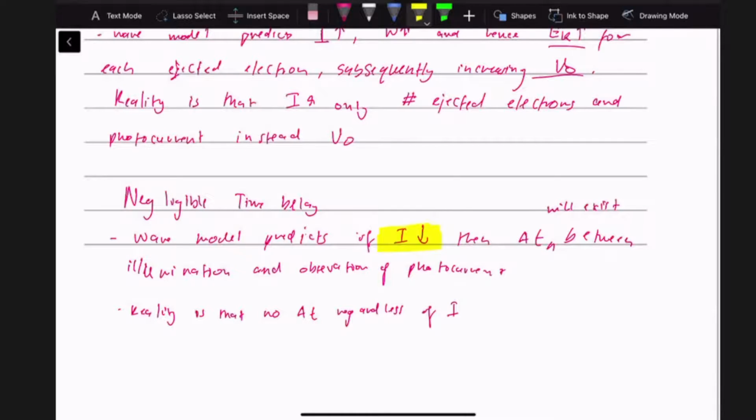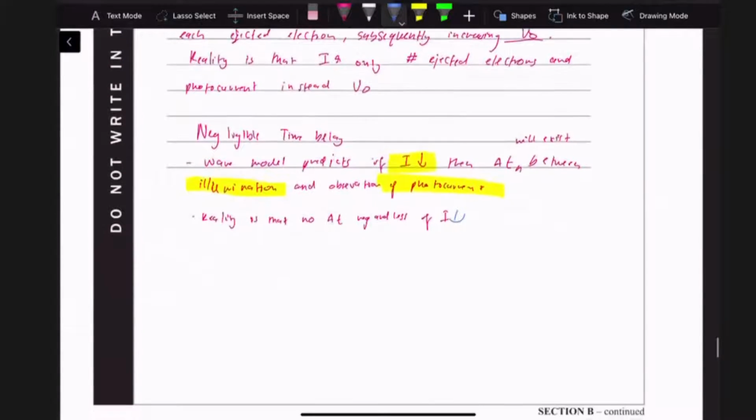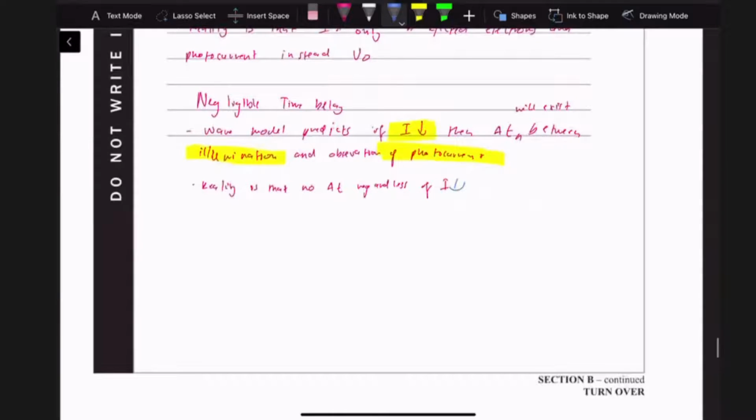There'll be a bit of delay between the time it takes, so as soon as the light hits the metal, there'll be a bit of time taken before you can actually observe a photocurrent. But experiments showed that there actually isn't a delay, and that no matter how low I you go, it'll always be pretty instantaneous.